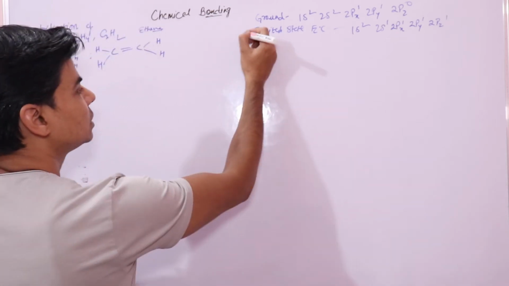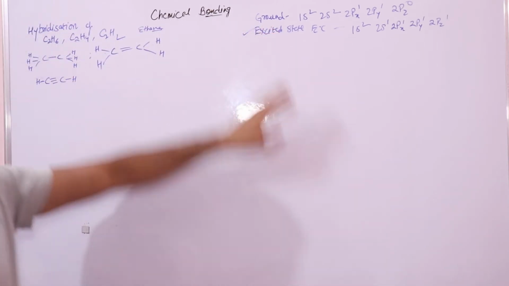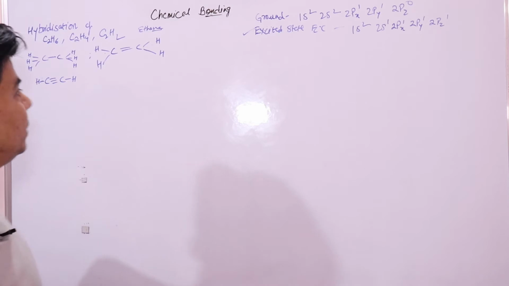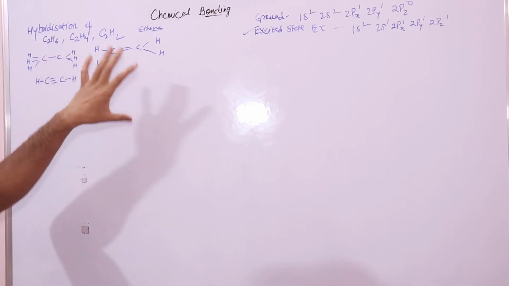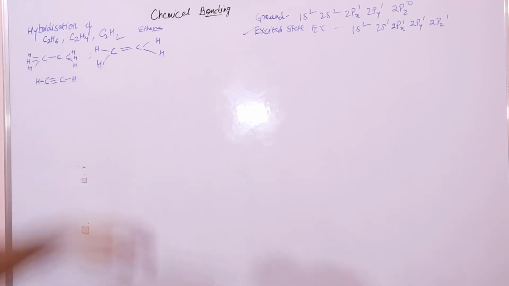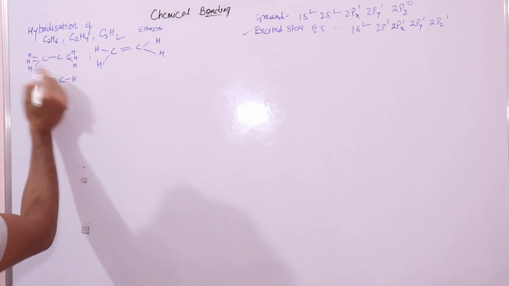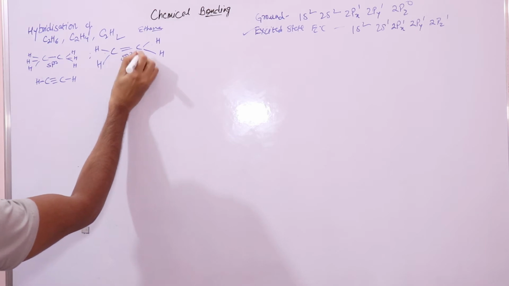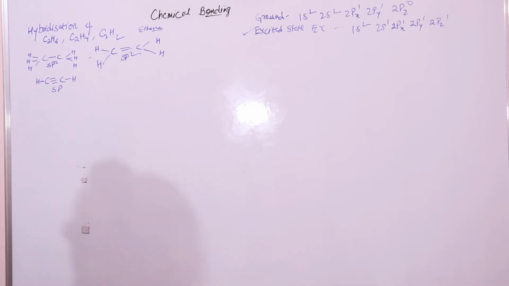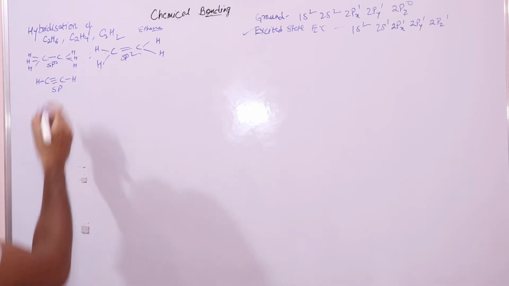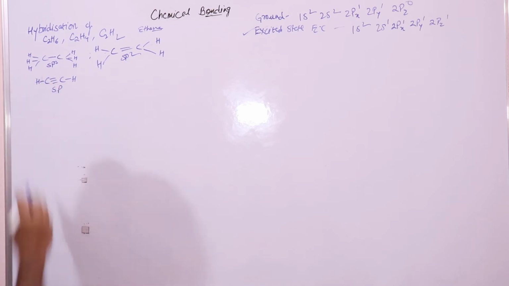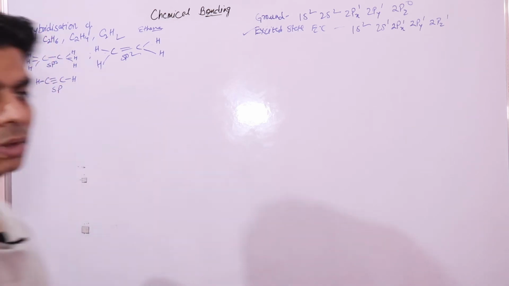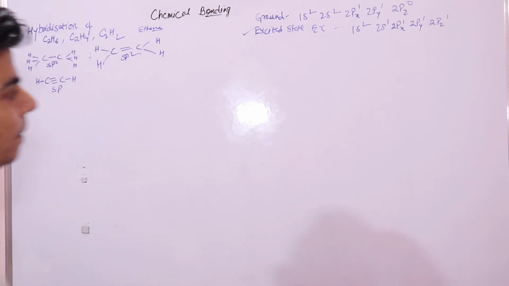Now looking at this electronic configuration, we'll be looking at the sp2 and sp3 hybridization in each of these molecules. In ethane molecule, it's sp3 hybridization, in ethene it's sp2, and in acetylene it's sp hybridization, right? When we are talking about hybridization, we are talking about hybridization of carbon atom.